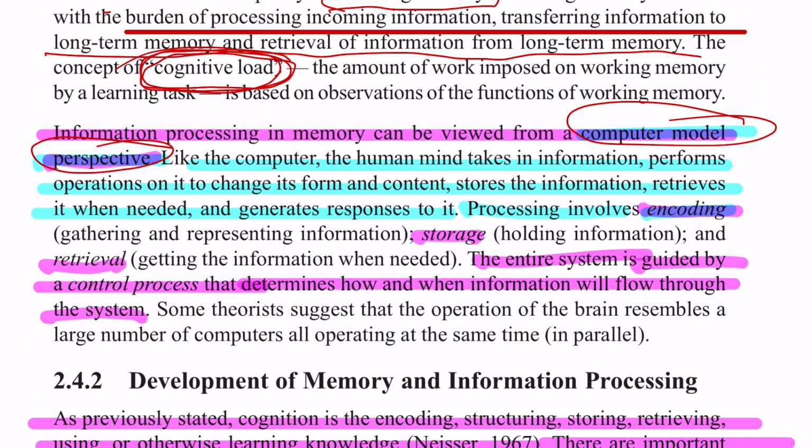Similarly, the human brain takes information from the environment and converts it into electrical and chemical signals, which I think I have discussed. We call this process transduction, and that goes into the brain, and the brain processes it. If required, it will be sent to long-term memory. Otherwise, we will lose that information because it is not necessary to use. So in this way, our brain works just like a computer. That was the assumption of the computer model.